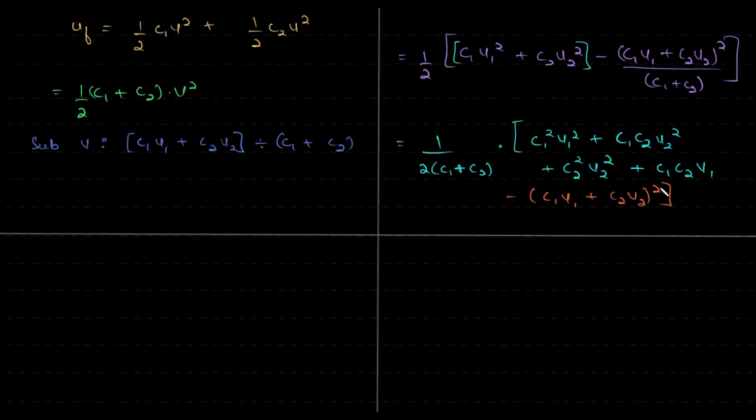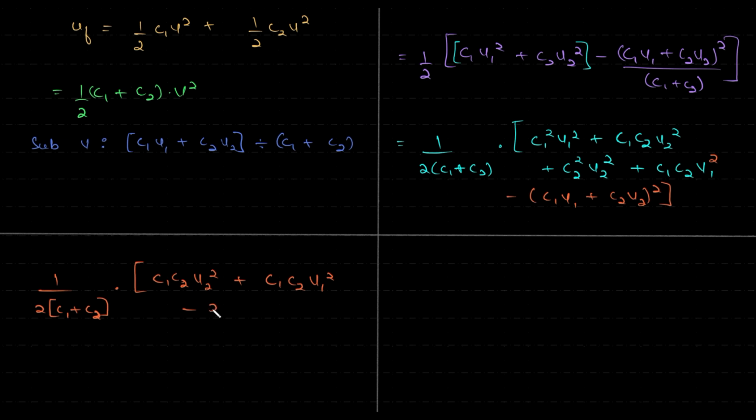So this is A minus B the whole square. When I expand it, this term and this term will get cancelled, and we'll end up with 1 by 2 times C1 plus C2 times, in the numerator, C1 C2 V2 square plus C1 C2 V1 square.